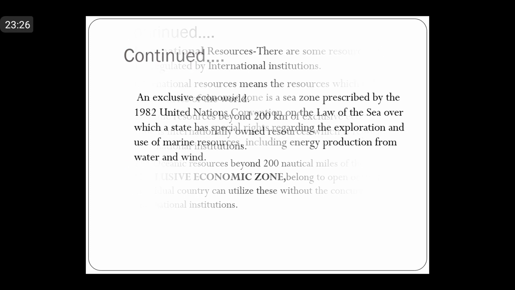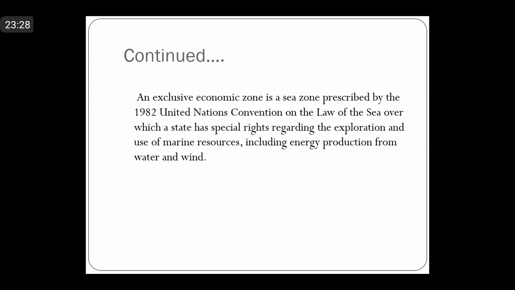Then that is your exclusive economic zone. So, what is that in fact? An exclusive economic zone is a sea zone prescribed by the 1982 United Nations Convention on the Law of the Sea, over which a state has special rights regarding the exploration and use of marine resources, including energy production from the water and wind.